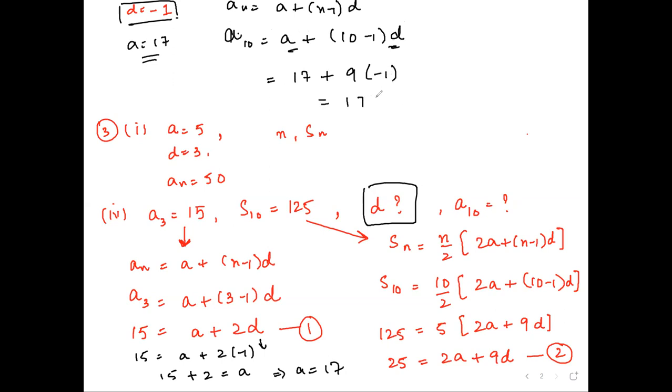This will be 17 minus 9. How much will it be? Come on, 8. So your a10 is 8. This answer is 8, and this is -1. So we have found them. Now please note it down quickly.